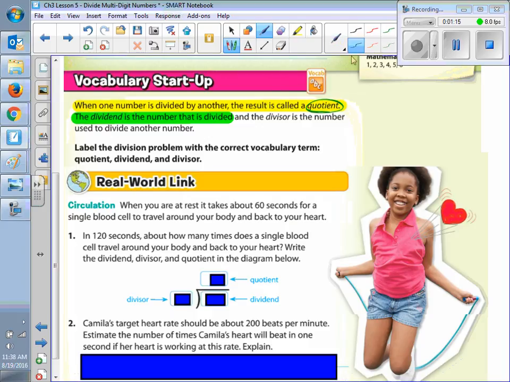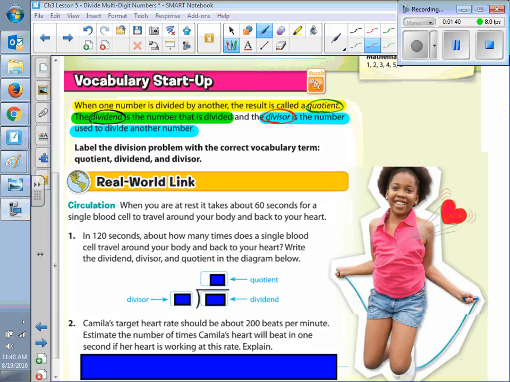Okay? The dividend is the number that's getting divided. All right? And the divisor is the number that is being used to divide that other number. Okay?